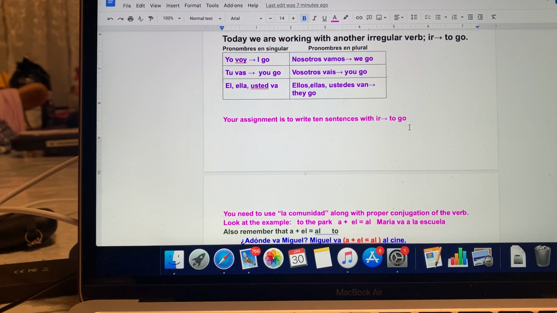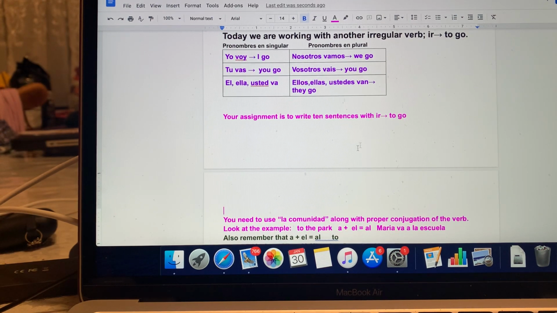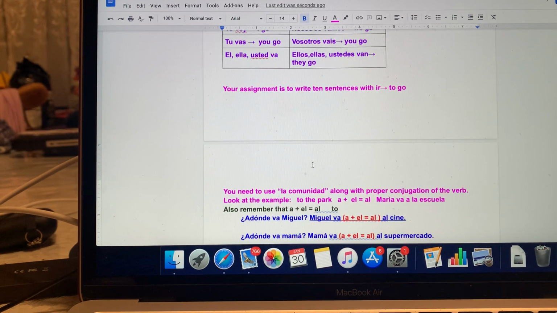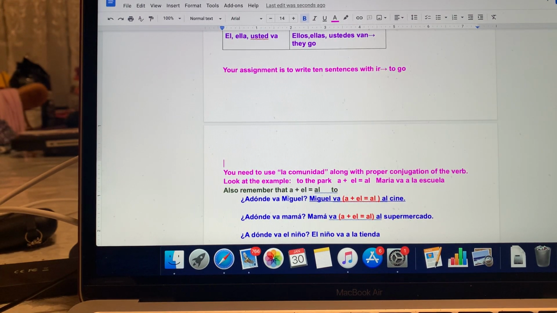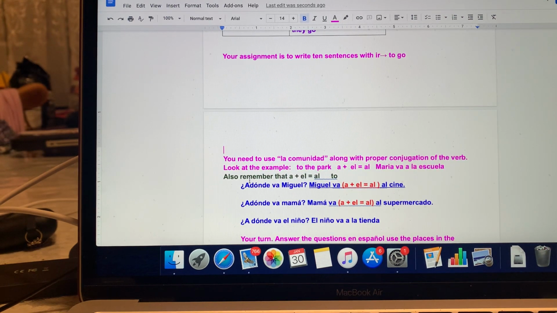If you don't remember, I know that we worked on la escuela, el restaurante, la iglesia, el museo, el hospital, etc. So keep in mind that when you have this combination again, a plus el, turn it into al.